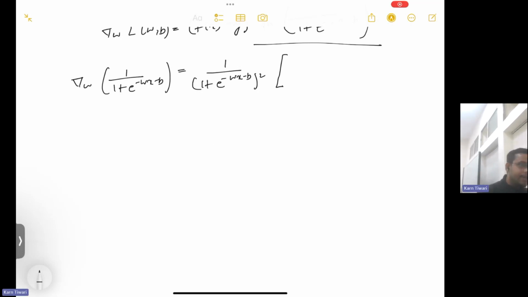Then it's equivalent to e to the power of minus wx plus b, times x. So this is how it will get simplified.